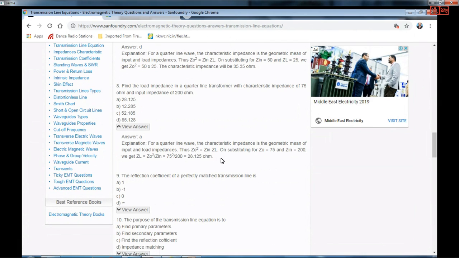So the option is A. So 200 ohm is what you are looking for, and we have a 75 ohm line, and if you want a load to match with all these situations, then it has to have a value of 28.125 ohms.